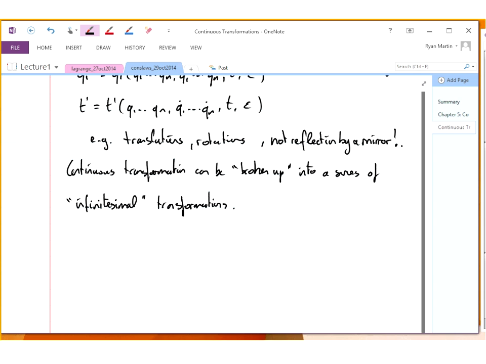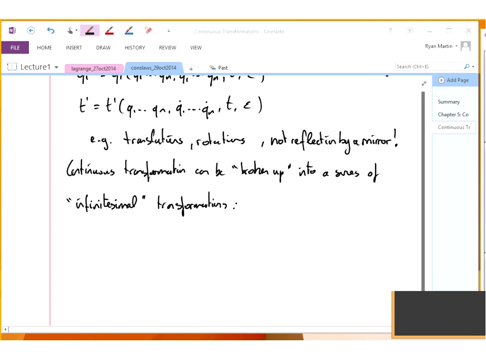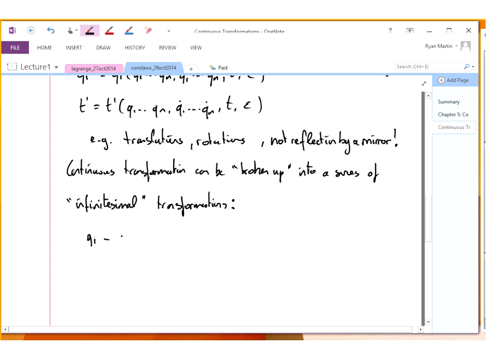So consider an infinitesimal transformation. Qi primed would be given by Qi plus delta Qi.